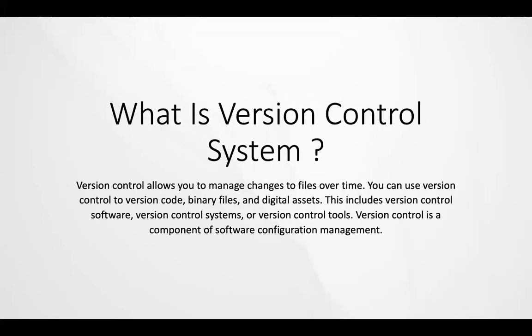We can manage what change is done and who made the changes on the particular project. Suppose, take an example, I have a Java project and multiple team members are working on it. By using version control system, I can manage the versioning of change over time.